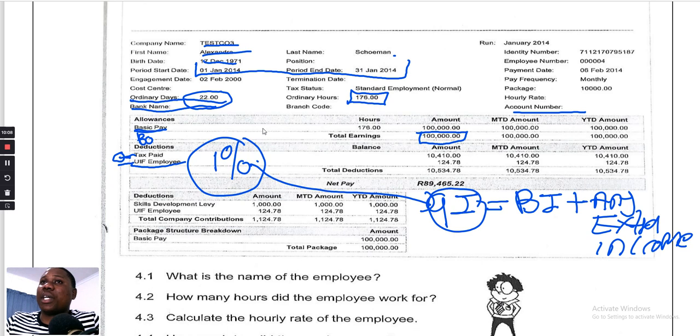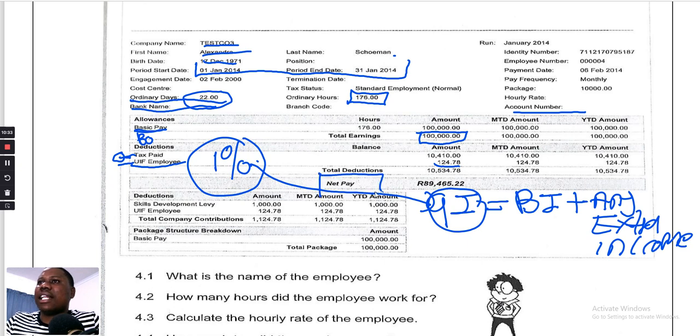Now because we have seen our deductions, we're going to check our total deductions. According to this, the UIF was calculated to be 124,780, and then the tax is 10,410. Then moving forward, they have calculated the net pay.